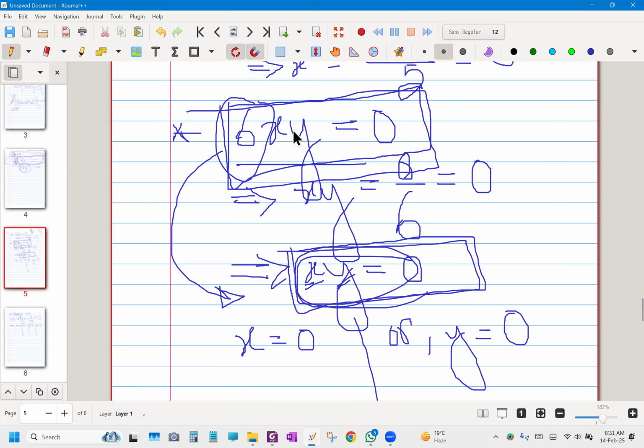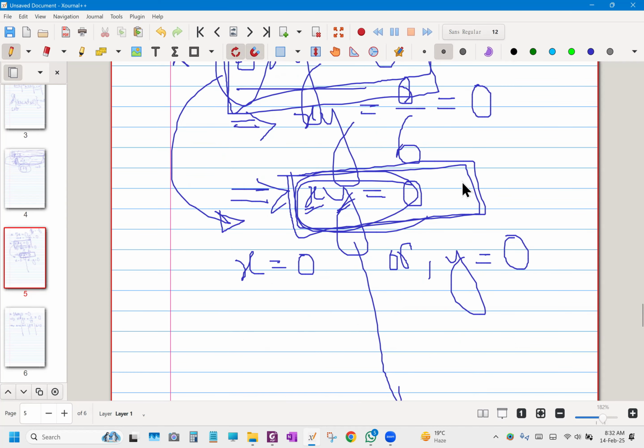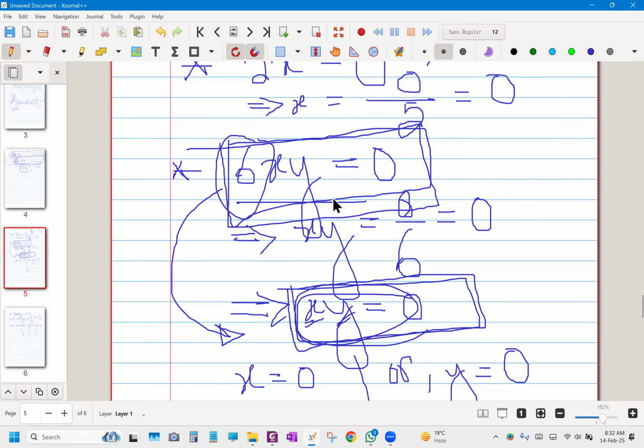Writing xy equals 0 means the same as writing 6xy equals 0, because it doesn't have any meaning having this 6 as a coefficient of xy.